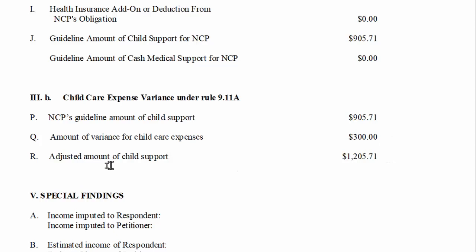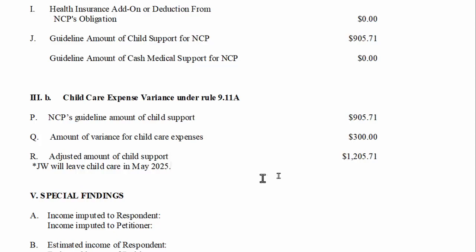Since I'm representing custodial parent, I probably would put a notation here and say, we know the child's name is Joey Wilson, JW, will leave child care in May 2025.